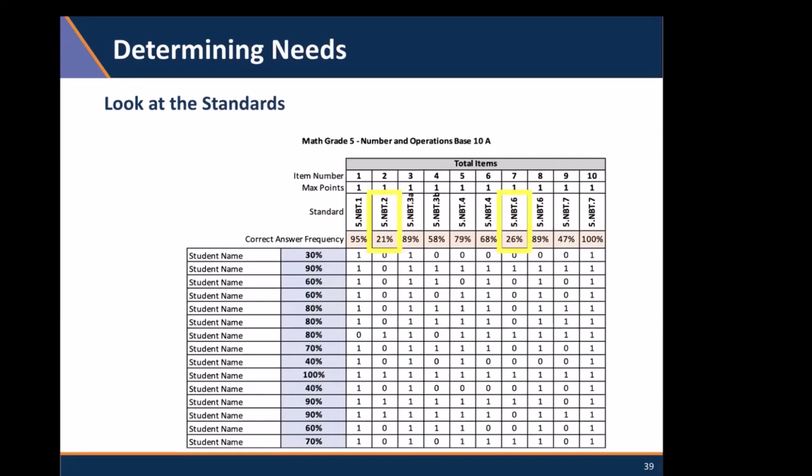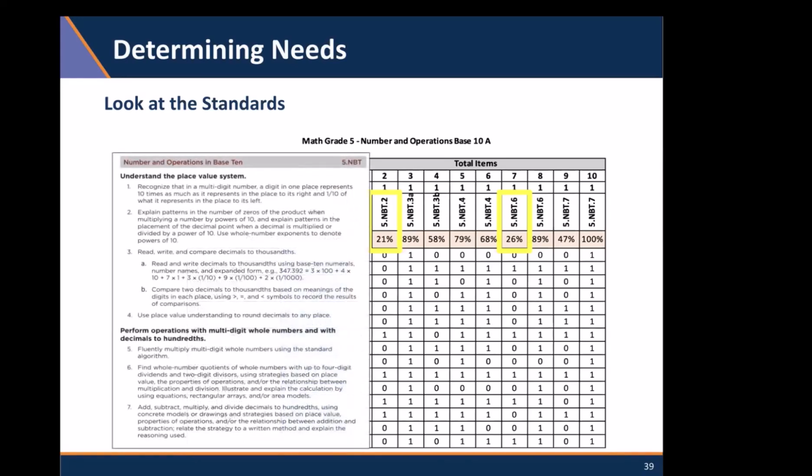What we want to do now is make sure that we are looking at our standards so we can figure out exactly what kinds of questions students were not doing well on. So we bring up our standards, and we're seeing that these are the two standards in which students are struggling. We meet as a PLC team, we discuss both.